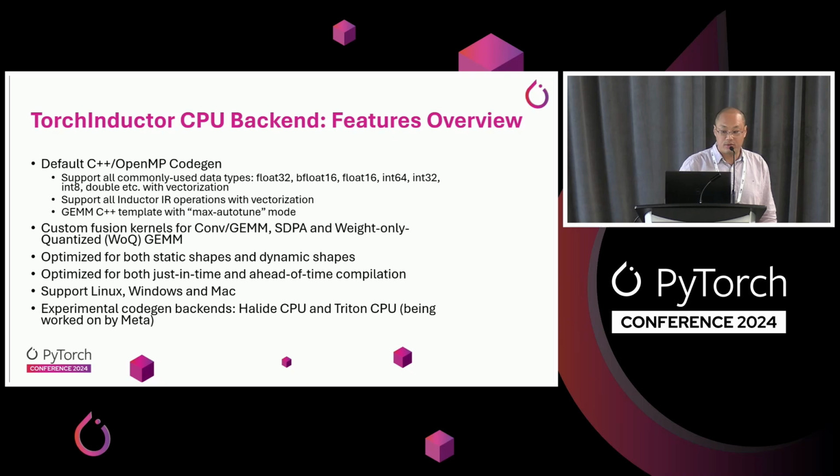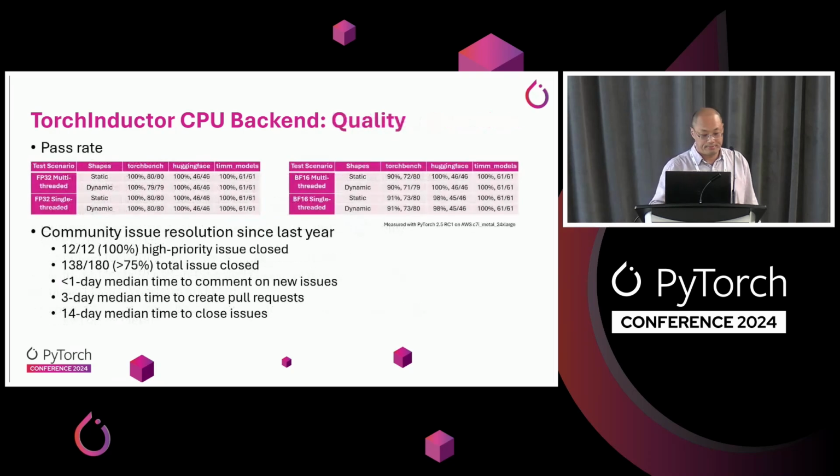Here's a recap of the features I just mentioned. We use three main benchmarks, TorchBench, Hugging Face, and the TIMM models, to evaluate the performance and the quality of our software stack. Over time, we've seen continuous improvement in the quality of the TorchInductor CPU backend.